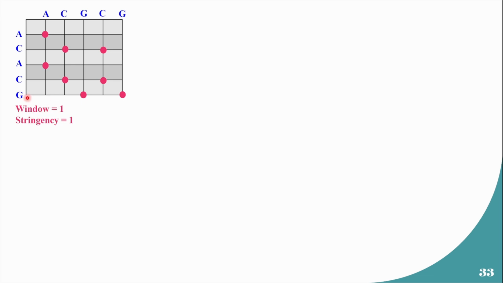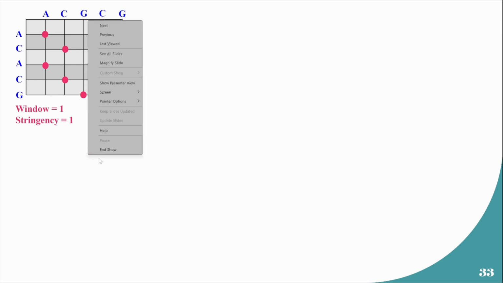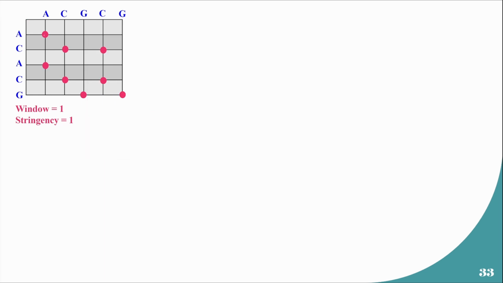Window size means that instead of comparing one character to another character, you use a sliding window. Let's say a window size of 3: you compare 3 characters at once. Obviously, what we did before had a window size of 1 and stringency of 1.